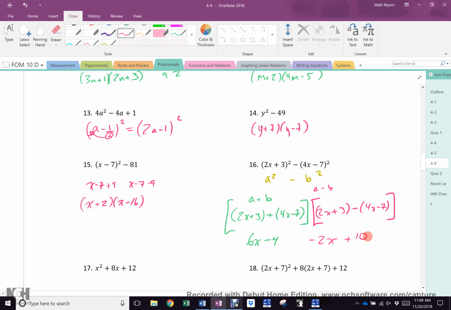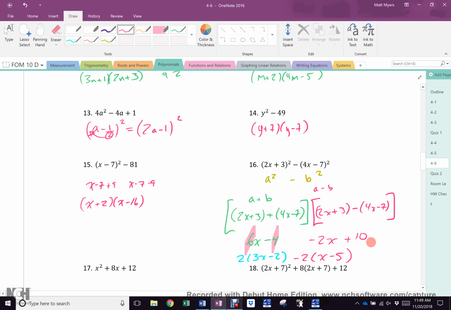Yeah? Then, of course, you notice, wait a minute, 6 and 4, they have a common factor. What is it? 2. So you got 3x minus 2. Wait a minute, they have a common factor. What is it? I would take out negative 2 to get rid of this negative at the front. Negative 2, leave me with x minus 5.